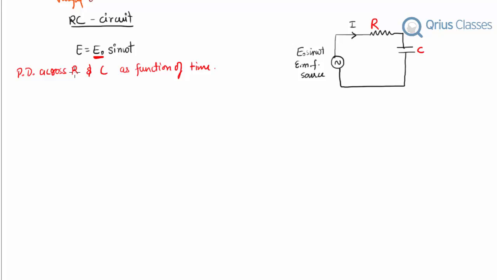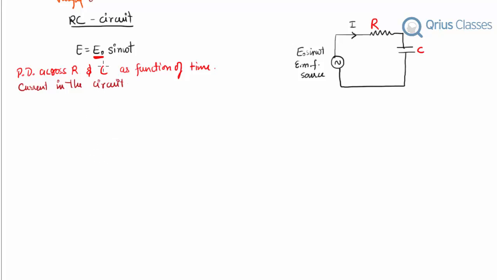Definitely the sum of the potentials across the resistor and capacitor at any given time must be E naught sine omega t. Plus there is one more piece of information we are interested in, and that corresponds to the current in the circuit.